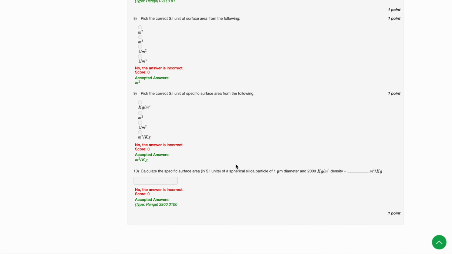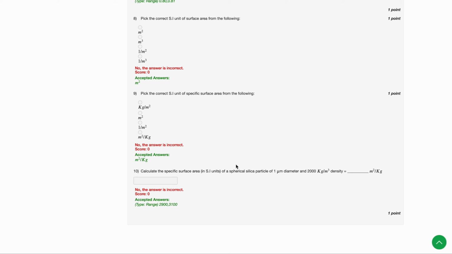Then problem number 10, which is very simple, I guess. It says calculate the specific surface area of a spherical silica particle of 1 micrometer diameter and 2000 kg per meter cube density.